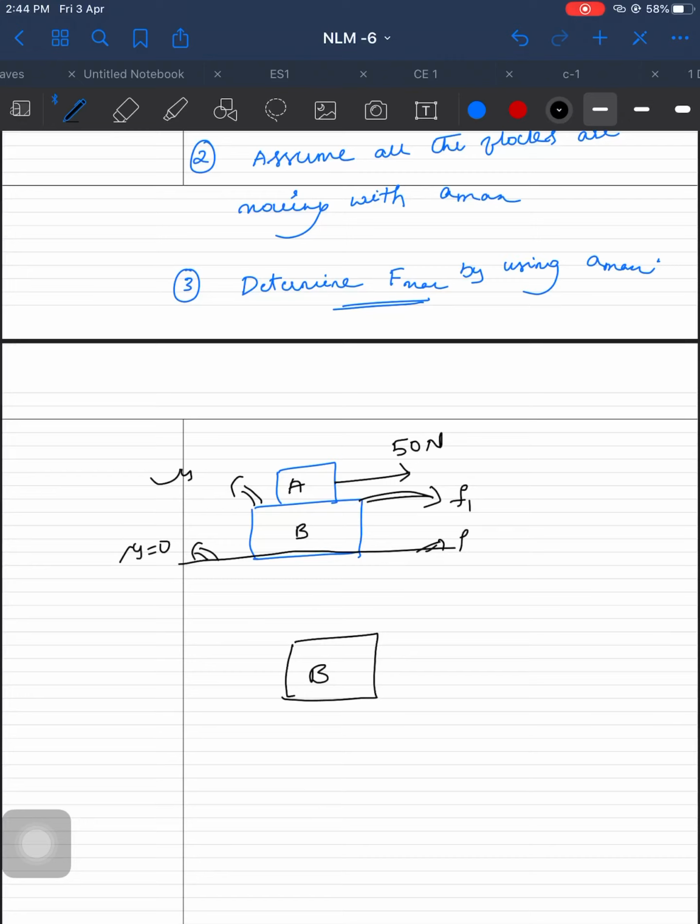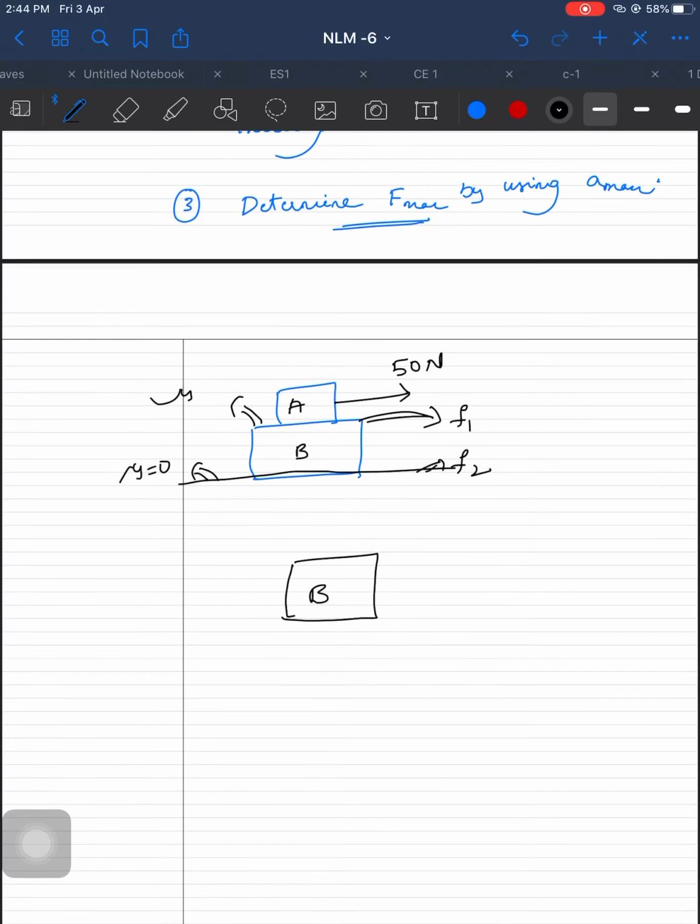I am considering this is F1, this is F2. What is the maximum friction? Masses are MA, MB. Draw the free body diagram: MA and the normal, and in the downward direction MA into G. F1 is equal to mu into MA into G. What about F2?